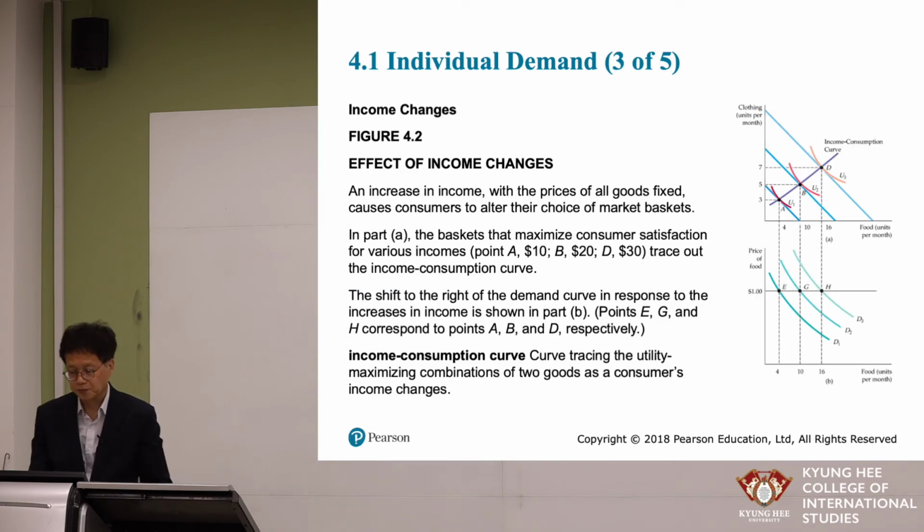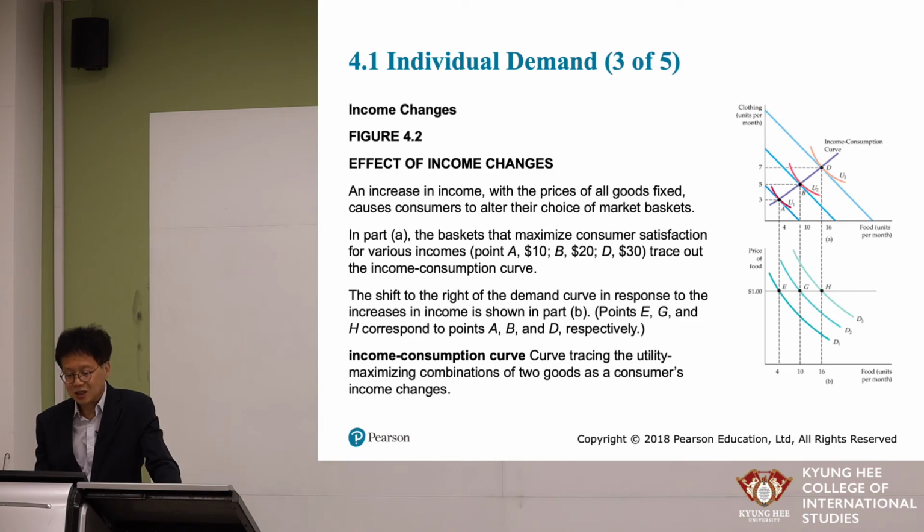Next slide. So income changes. First we studied what happens when the price of one good changes. The second case is what happens when income changes, right? So figure 4.2, effects of income changes.